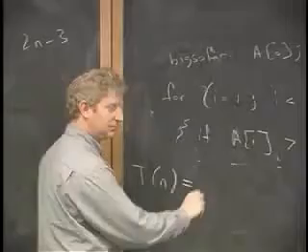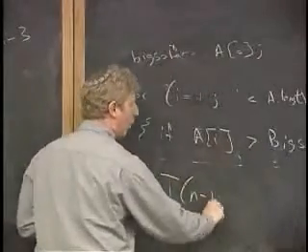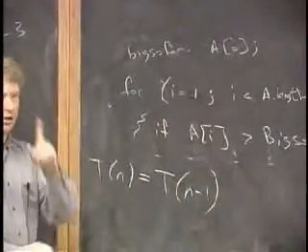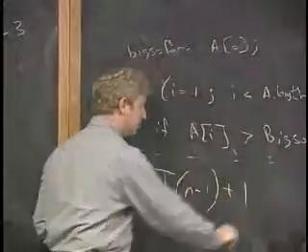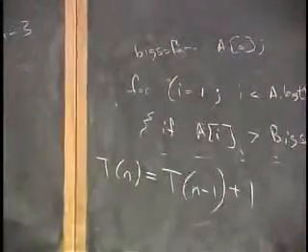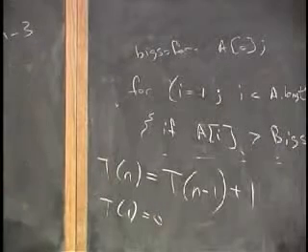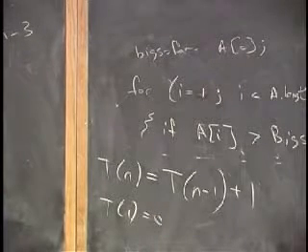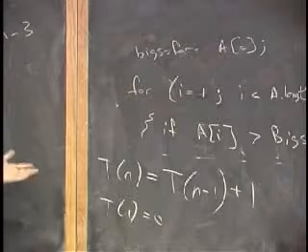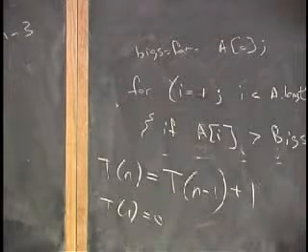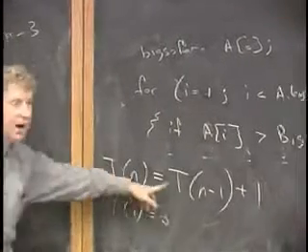T(n) is the same problem with one less, plus one comparison at the end. If you solve this recurrence equation, with T(1) equals 0, because if there's one element you just return it, then you get the same old n minus 1. This is the point where I stop.